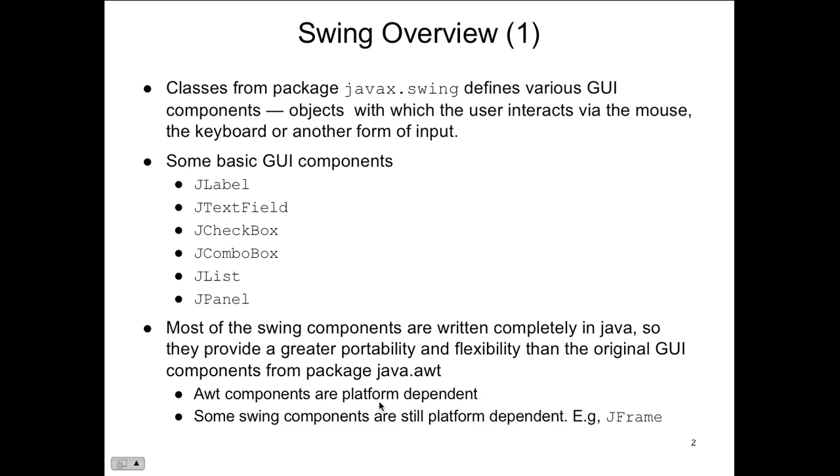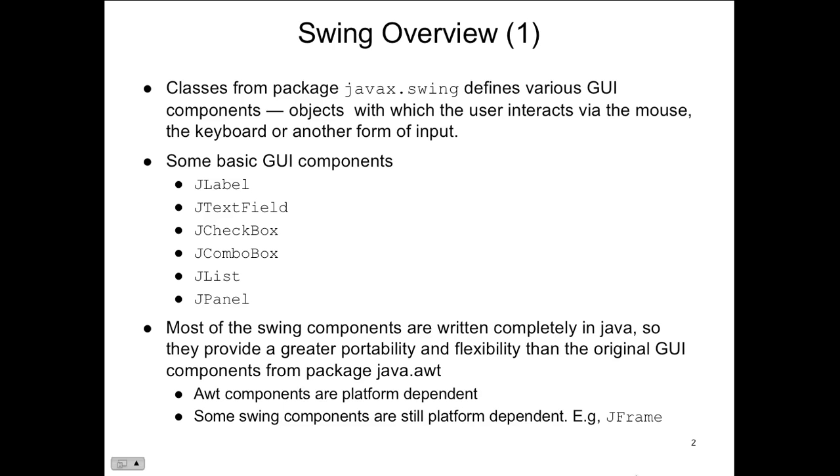And we'll see today some of the AWT components will be used. Some of the swing components are still platform dependent. As an example, JFrame of swing is platform dependent. So the word mostly should be in here. Most of the swing components are written completely in Java.